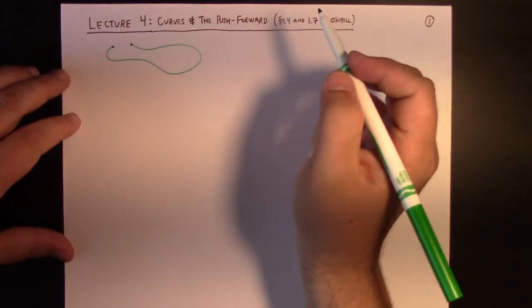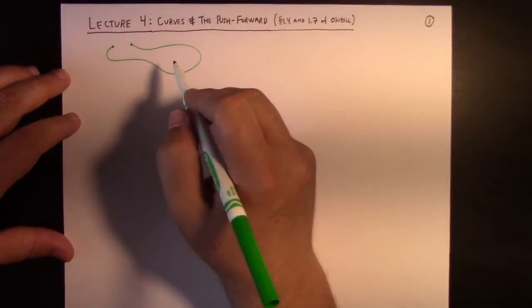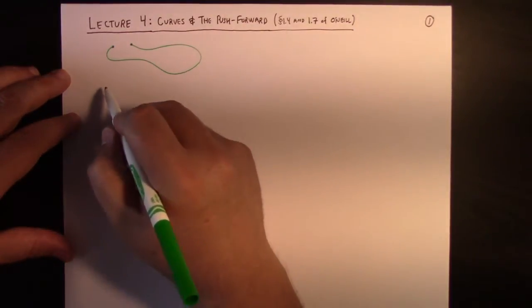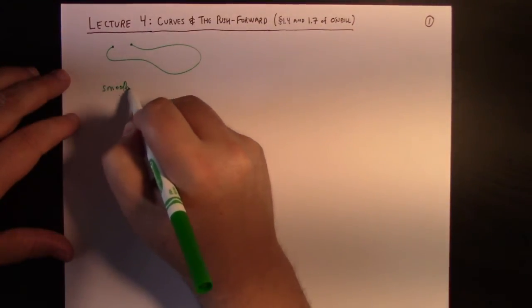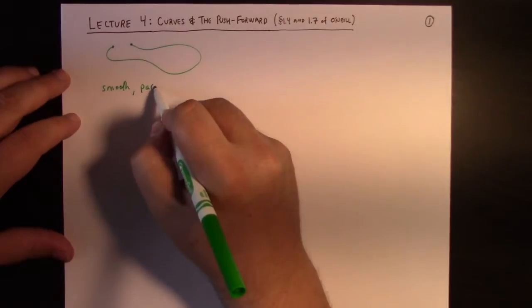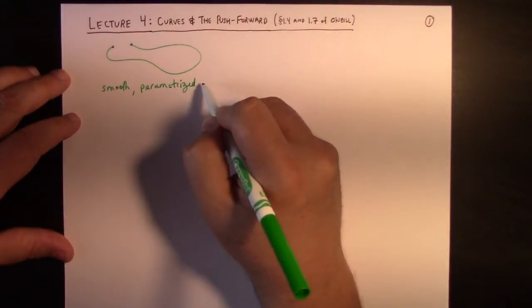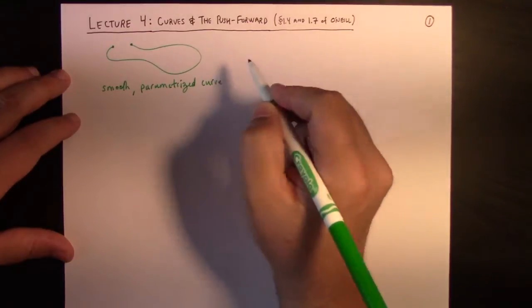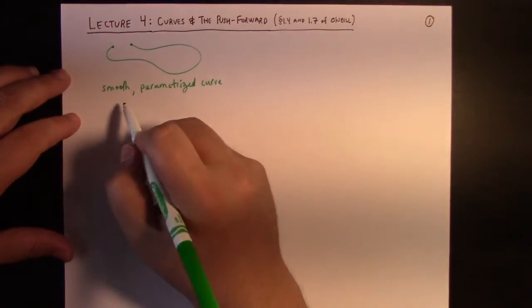Now, we're really interested in a slightly more technical definition, though. So we want to talk about what's called a smooth parametrized curve. And what that in part entails is a mapping.